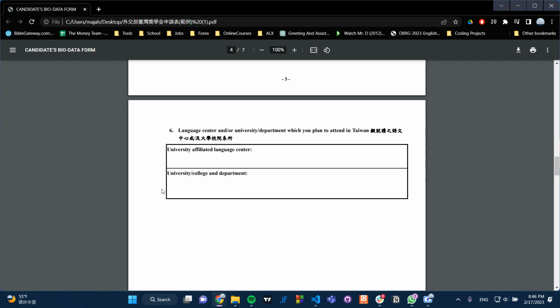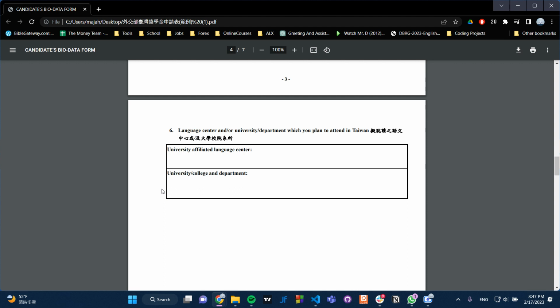You can just go straight for your degree and not do Chinese. You are not forced into learning Chinese first. However, if it's something that you are interested in, you can apply to just study Chinese at language centers. And if you get accepted, you'll proceed to go and study there.